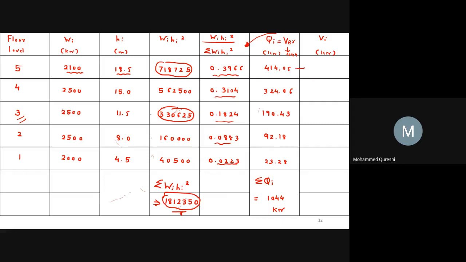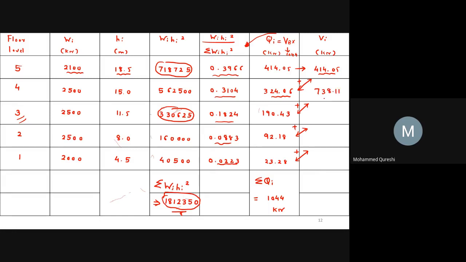Now we will write this value over here, 414.05, and now we have to take the cumulative value. So 414.05 plus 324.06, you will get 738.11.